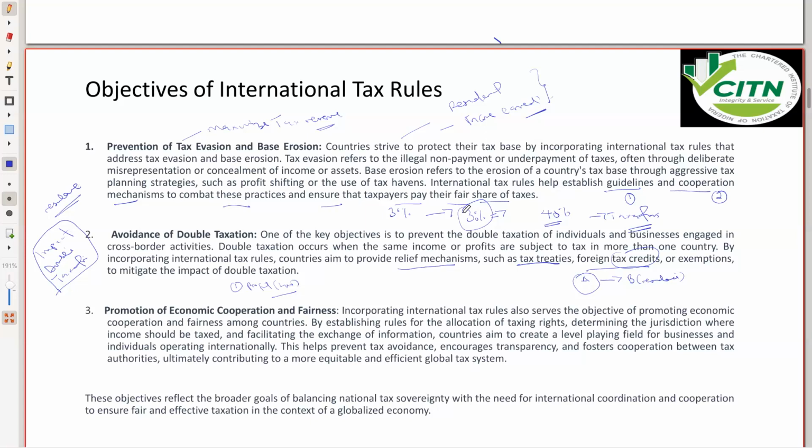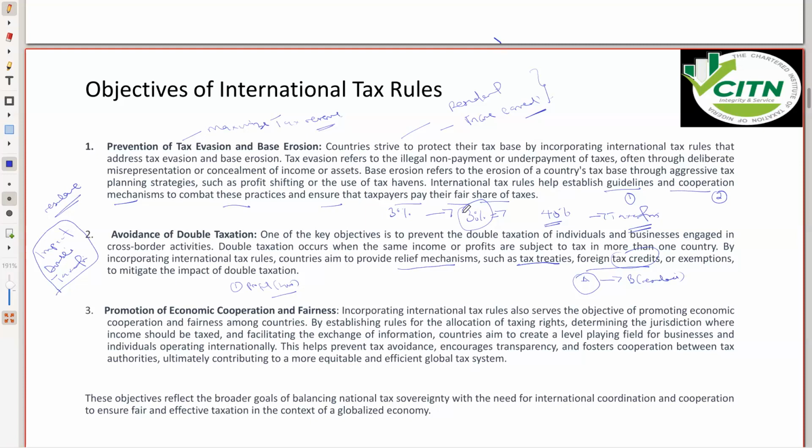So because of that, it's important that when countries build international tax laws or rules, they also consider what we can do to minimize the impact of double taxation. Thirdly, we're looking at promotion of economic cooperation and fairness. International tax rules will basically ensure to promote economic cooperation and fairness among countries.